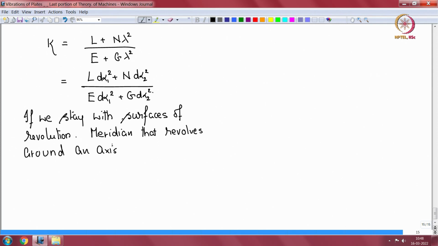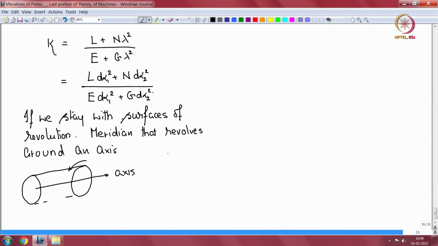So, for example, a cylinder. If this is my axis, and this is a line, and I make this line rotate around this axis, then I get a cylinder.